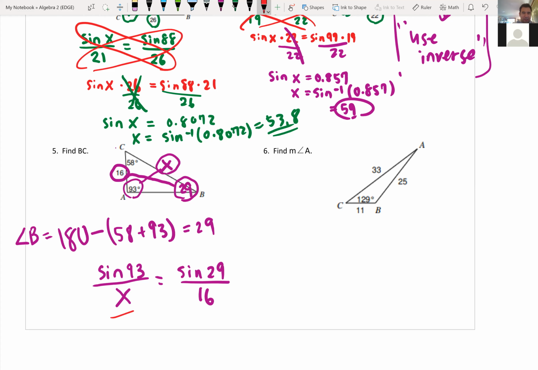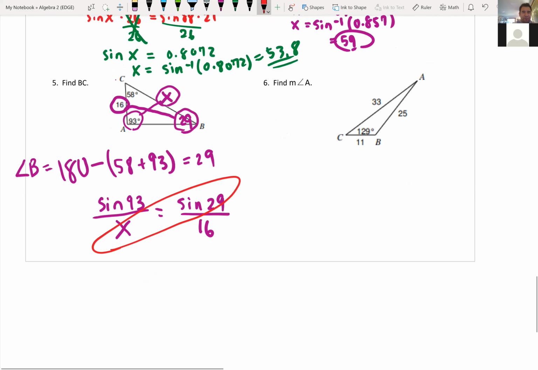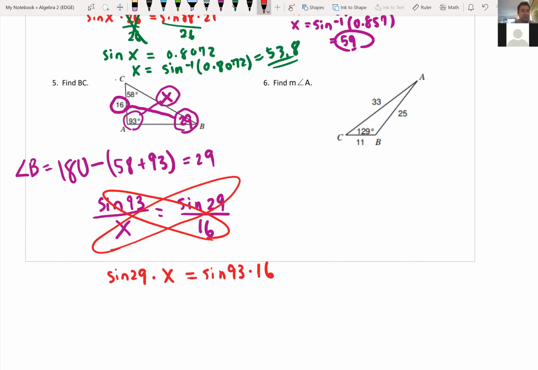Cross multiply. Sine of 29 times x equals sine of 93 times 16.